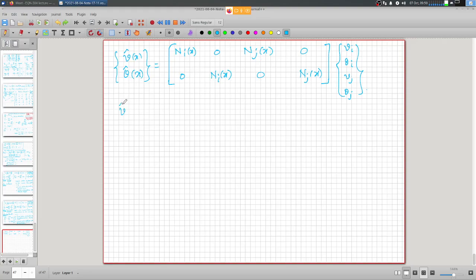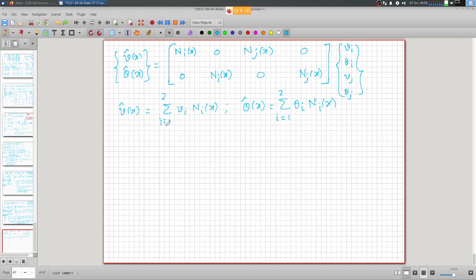So V hat(x) is the sum over i of Vi Ni(x), and theta similarly is the sum for i equal to 1 to 2 of theta i Ni. Instead of i and j we can have 1 and 2, whatever.